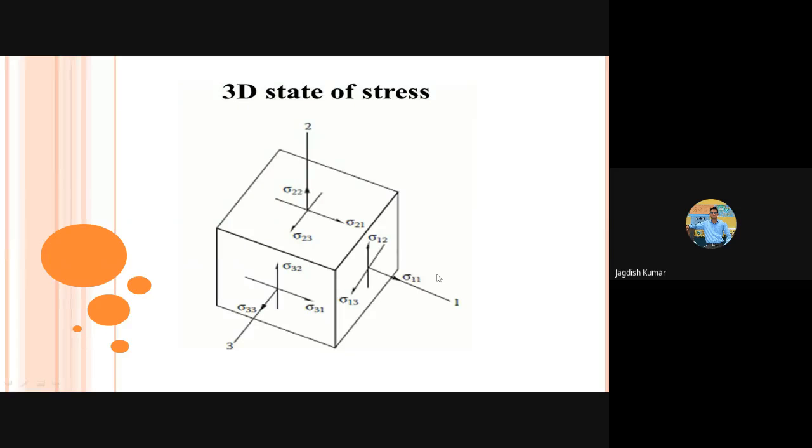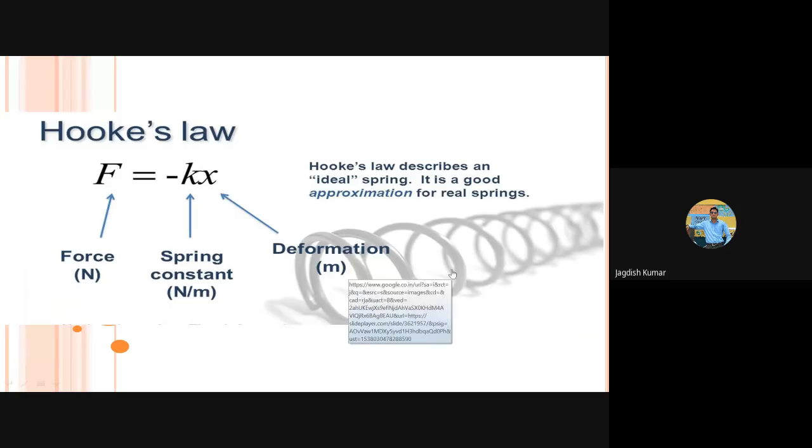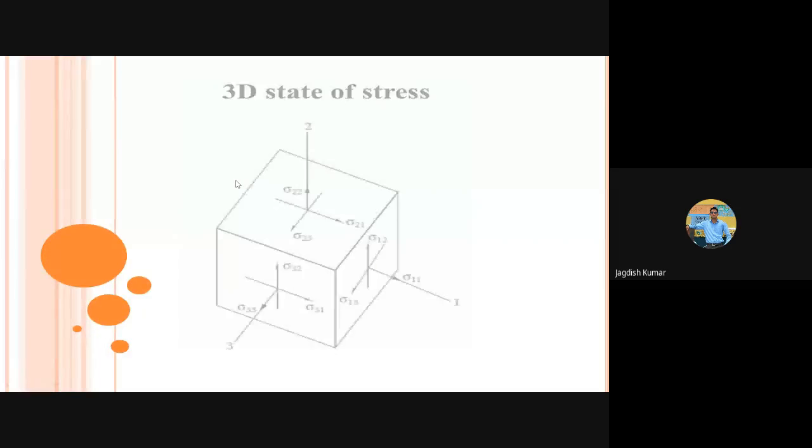Sigma 1,1 should have been equal to something like C 1,1,1,1 into epsilon 1,1. Correct? That is Hooke's law. It means stress along the x direction is proportional to only strain along the x direction. That's it. But here the situation is more generalized.